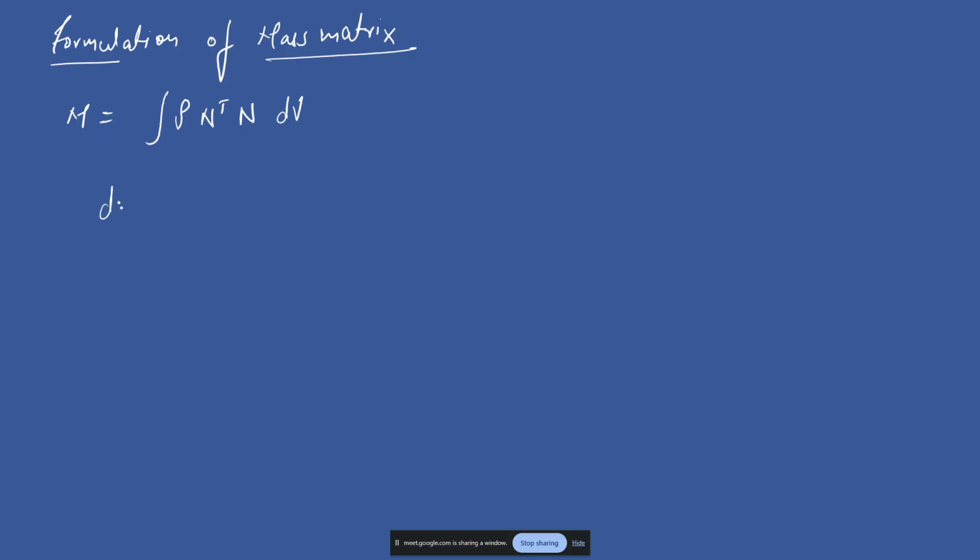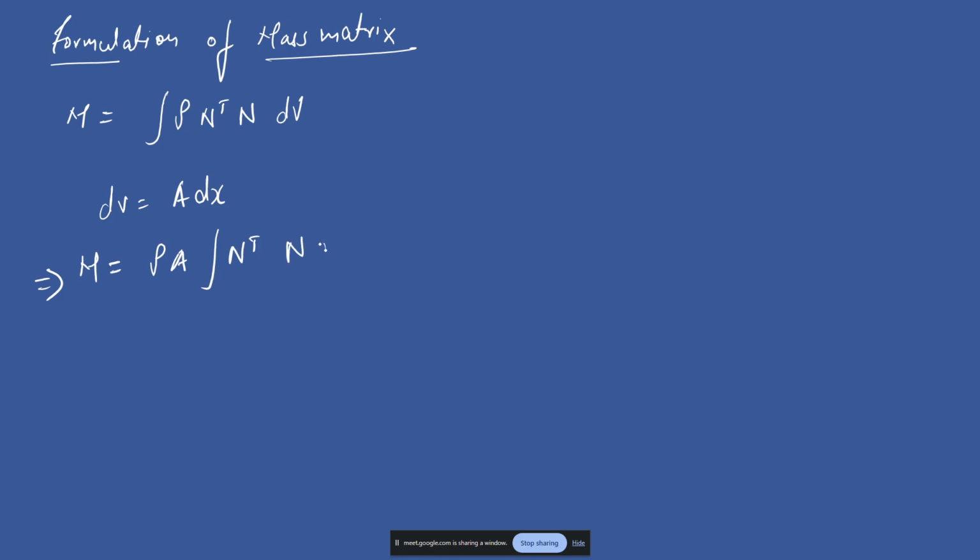This dv you can write as A times dx. So your mass matrix then will be given by rho A times the integral of N transpose N dx. So this is how you can get your mass matrix.